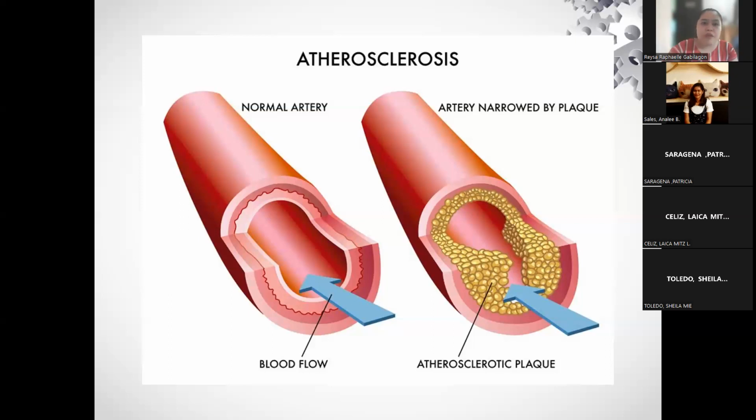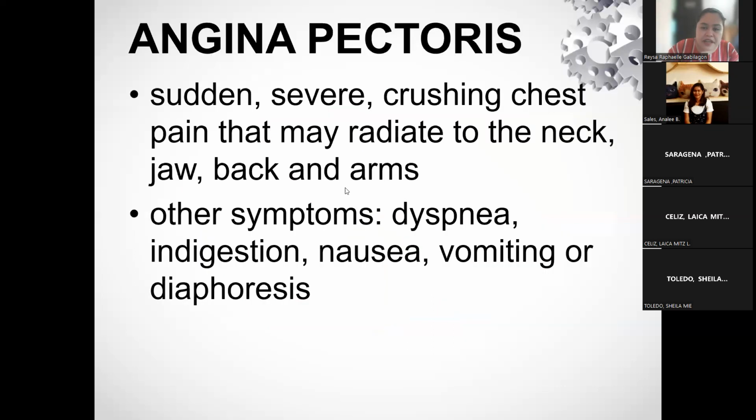So everything boils down actually with the increased amount of cholesterol in the blood. Okay? So this is really our problem with the narrowed arteries. You have too much cholesterol in your arteries.